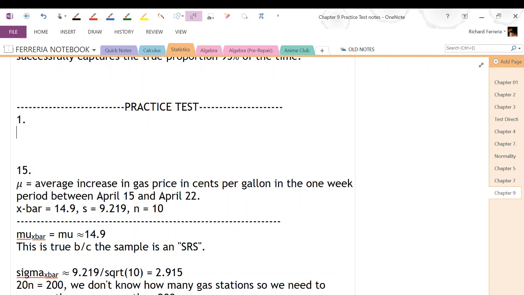We are going to need 1 and 2. So the first step here is to figure out the center of the sampling distribution, mu, and this is x bar.